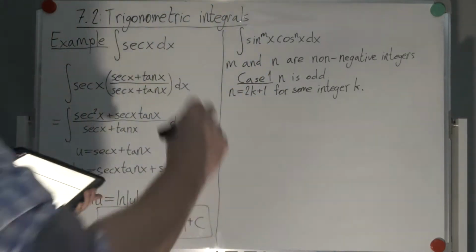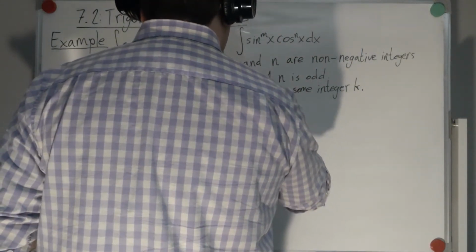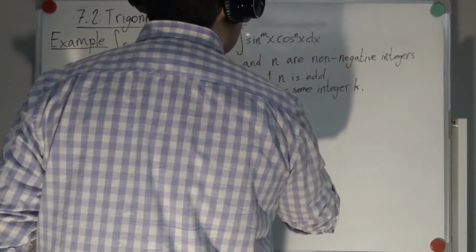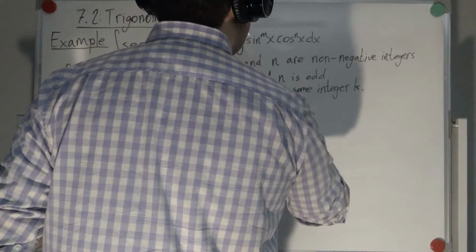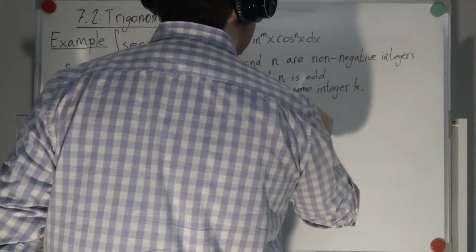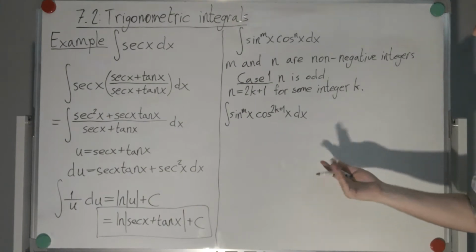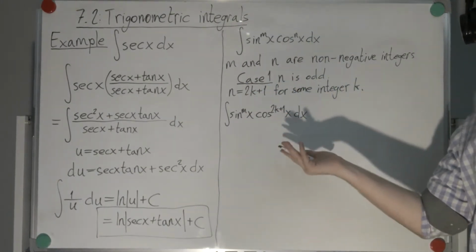In that case, what we are looking at here is the integral of sine to the m x times cosine to the 2k plus 1 x dx. Right? Because if n really is 2k plus 1, then we can just replace this exponent.